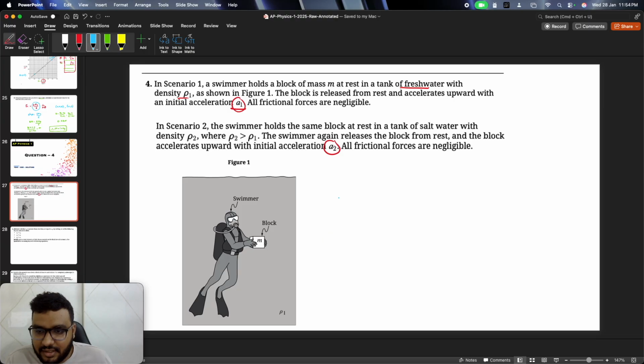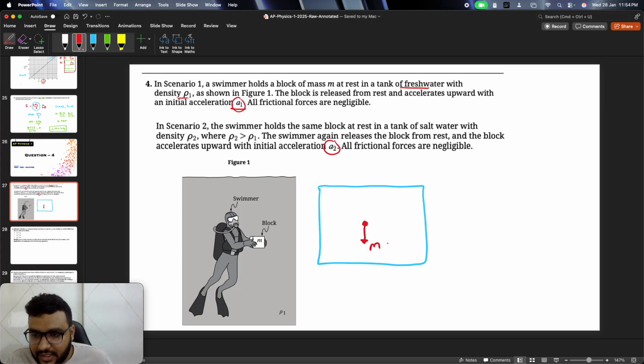Okay, let's understand the system we have right now. In the first scenario, if this is the fresh water case, let's say this is the free body diagram of a mass m. The downward force pulling it downward is going to be gravity, mg, and the upward force is definitely going to be the buoyant force Fb.